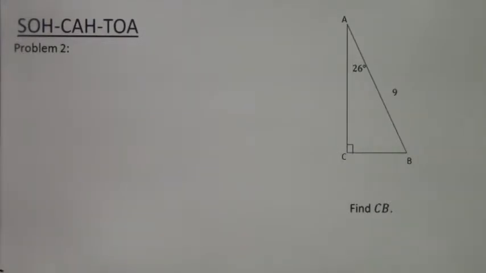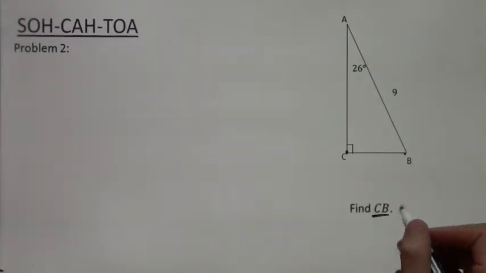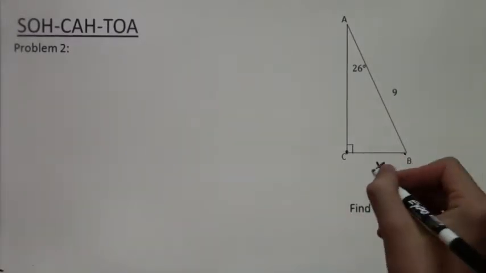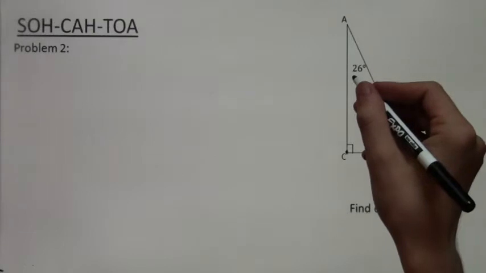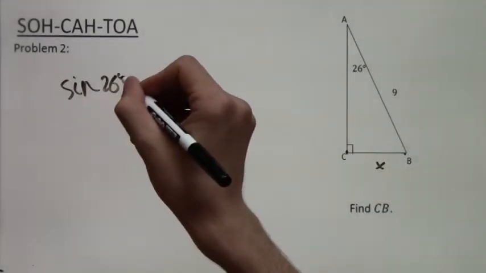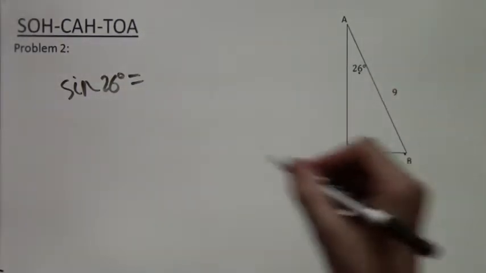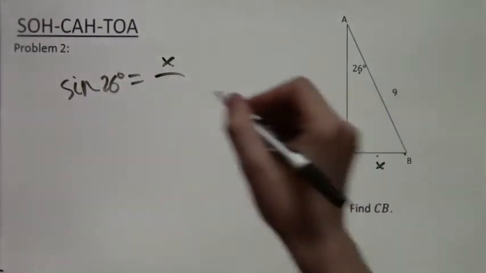Moving on to the second problem. We want to find CB, so I'll mark that as x. This time it's a leg of the right triangle. There's 26 degrees that we know. So sine of 26 degrees is equal to the opposite, which is x, over the hypotenuse, which is 9.